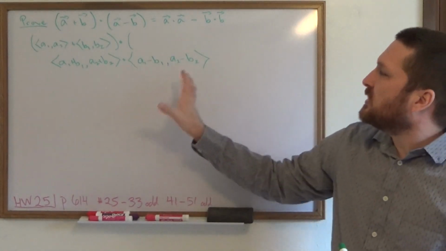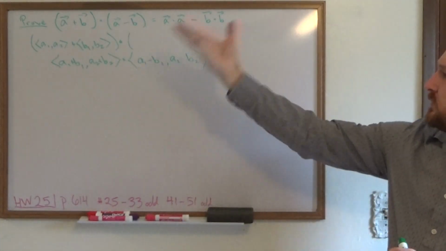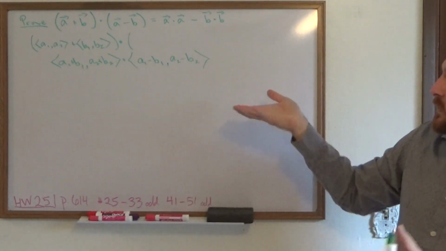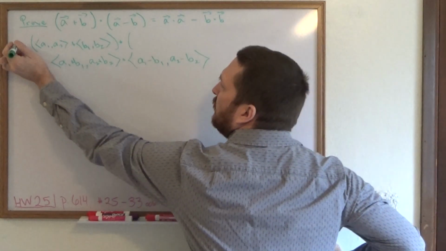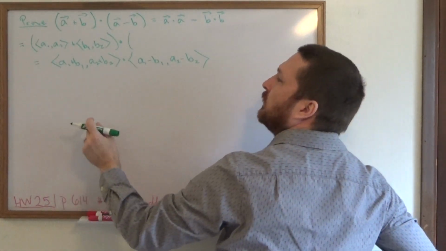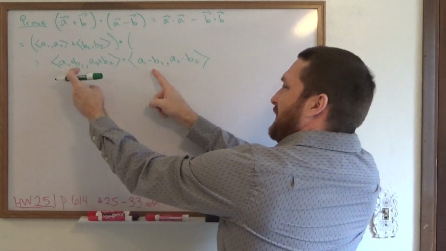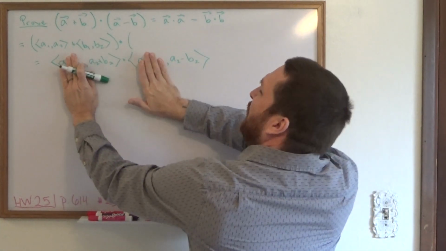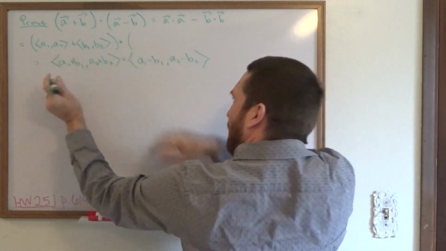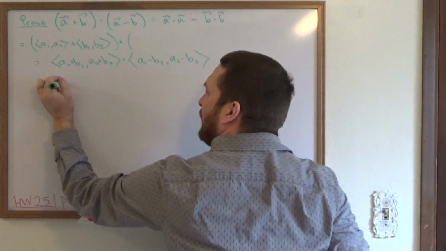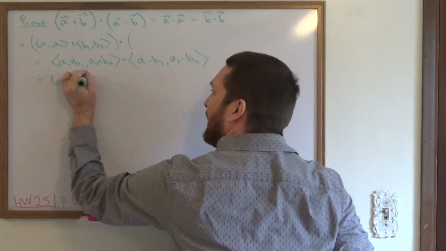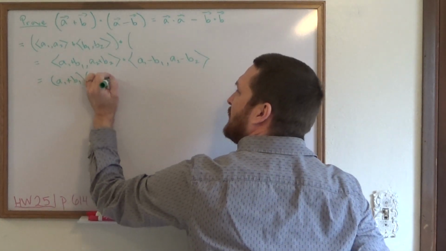So, okay, definition of dot product. What is that? I have two vectors dot each other. The first one times the second one, plus the second one times the second one. The first component, whatever this component is, this times this. So I'm going to go, okay, A1 plus B1 times A1 minus B1.